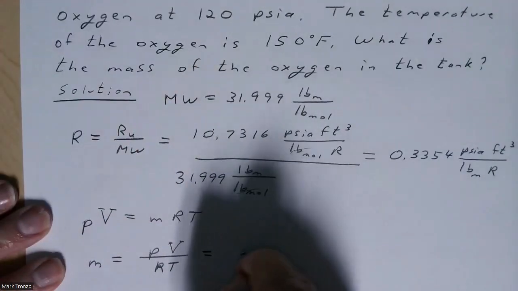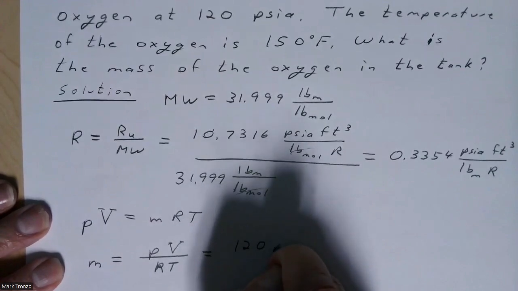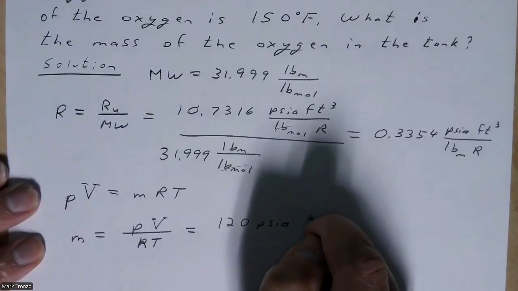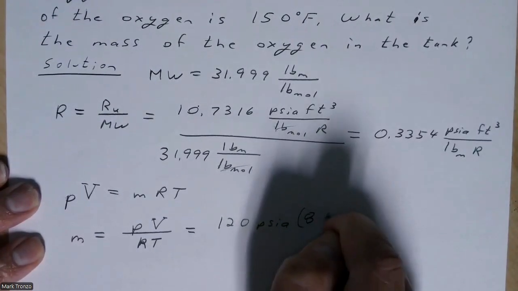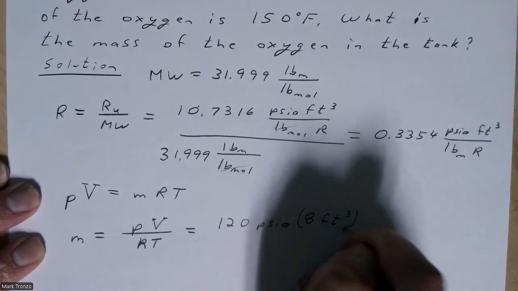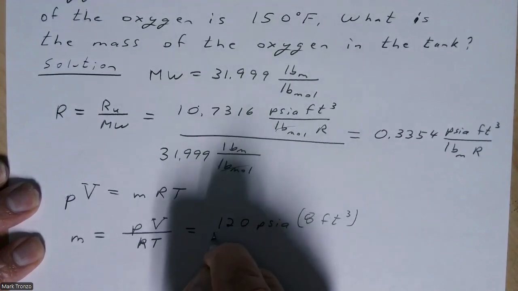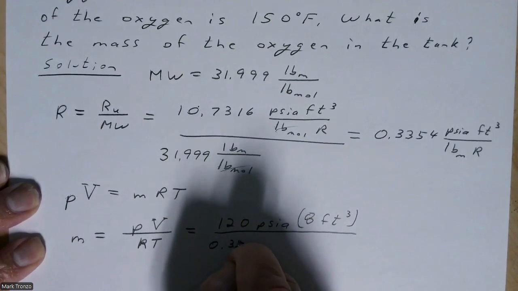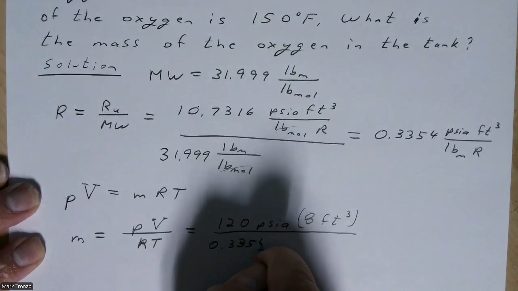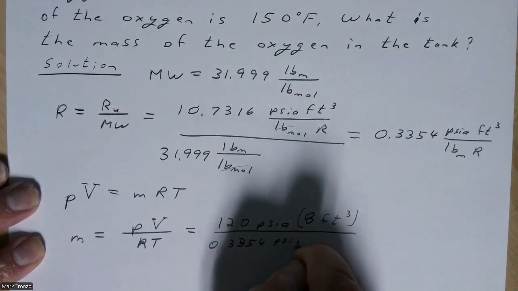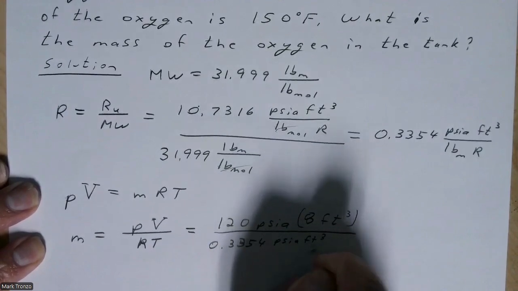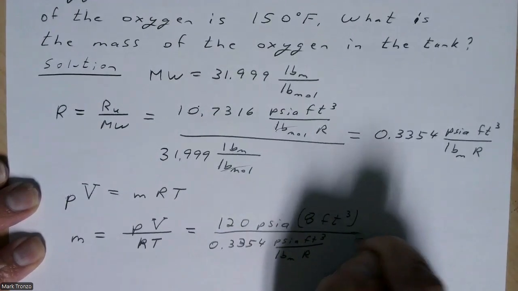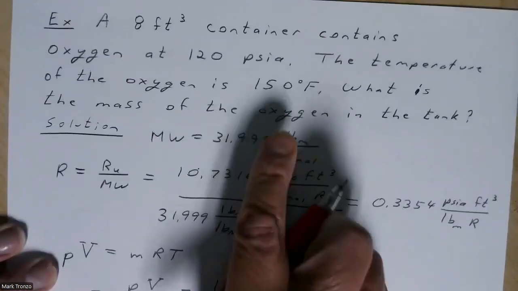The pressure is 120 psi. Our volume was 8 cubic feet. Our R is 0.3354 psi foot cubed per pound mass R, and the temperature is 150.